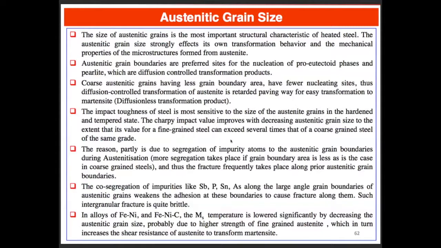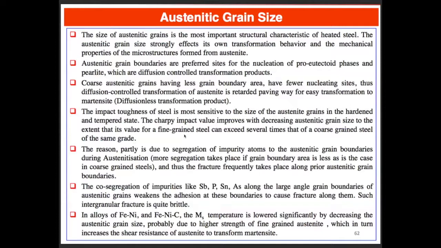So fine prior austenite grain steels have much better fracture properties than coarse grain steels, right?